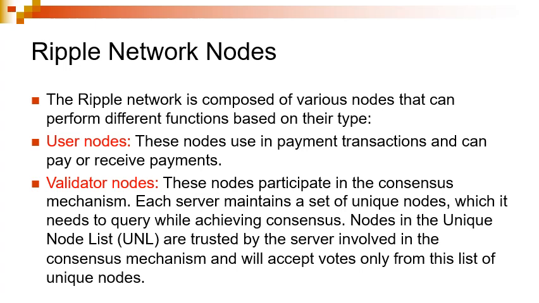These nodes are used in payment transactions and can pay or receive payments. These users can receive or transfer money. The second type of nodes in the Ripple network is validator nodes.